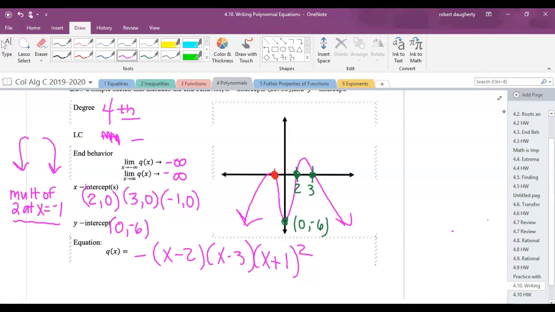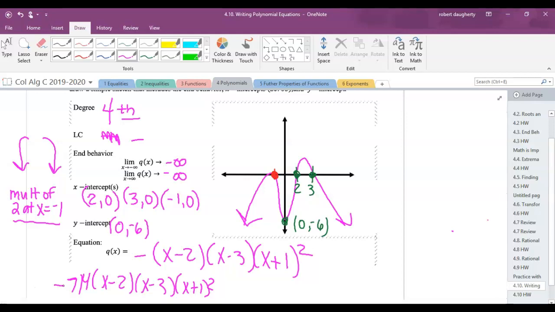Another polynomial that meets these conditions is negative 4, x minus 2, x minus 3, x plus 1 squared. That meets all these conditions. You know, negative 14, negative 714. All these polynomials have the same properties. They have those same zeros and all of that.